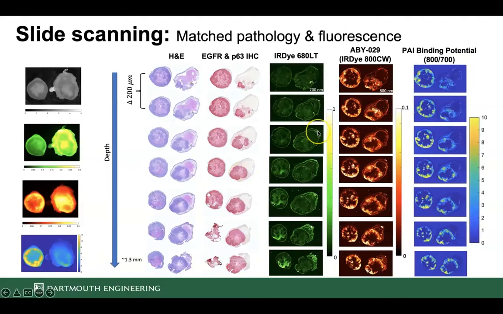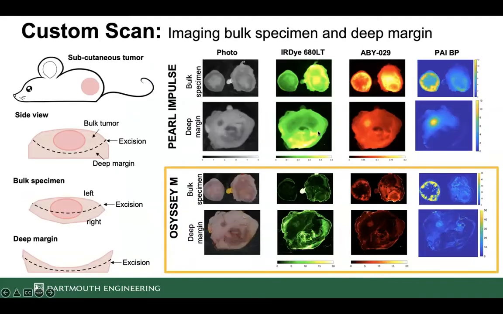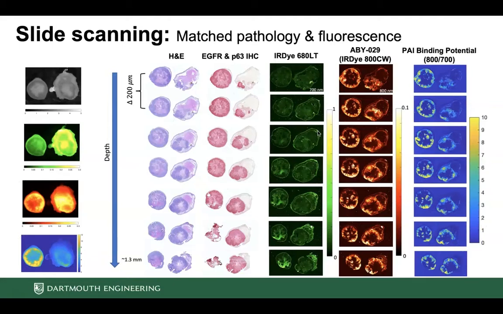Furthermore, to clarify, these images on the Odyssey M were taken on the flat glass surface using a custom scan. However, what we do is we pathologically section these serially, and we take sections every 200 microns approximately, and we again scan the frozen sections or the paraffin embedded sections for fluorescence, and then we can correlate those to the pathological images.